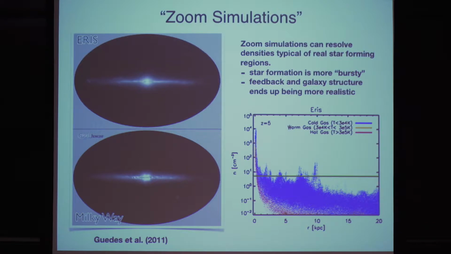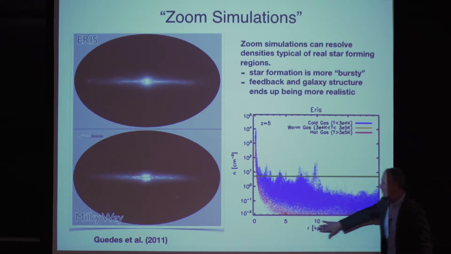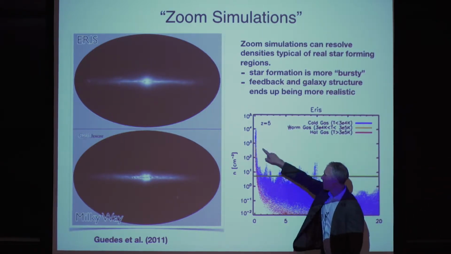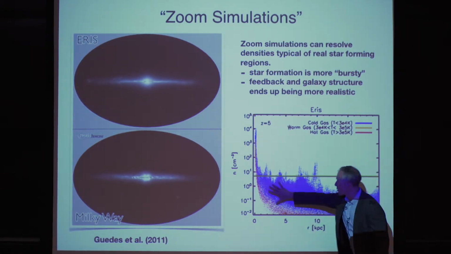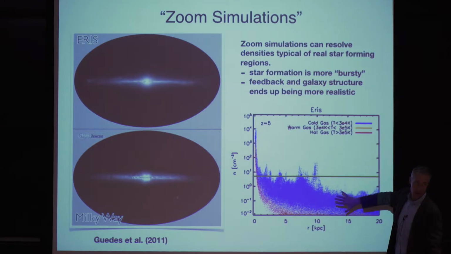You don't form stars out in the middle of nowhere with low density gas. So in their model, they impose a star formation density threshold. That is, when gas gets above this critical density, it's allowed to form stars. When it's below that critical density, it just stays gas. With this kind of resolution, for example, if this is their star formation threshold, and this is a function of radius in their galaxy, there are pieces in the galaxy where the gas gets dense enough to form stars. But there's a large swath of the galaxy that doesn't form stars.